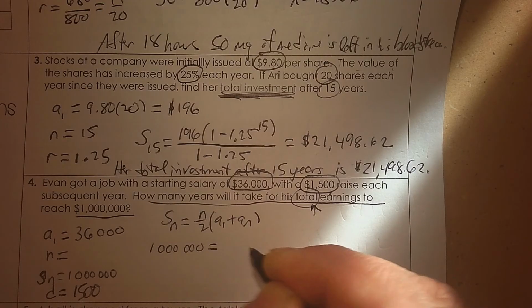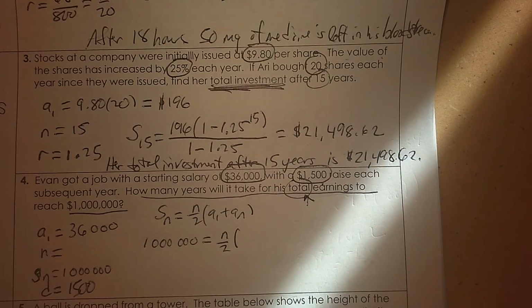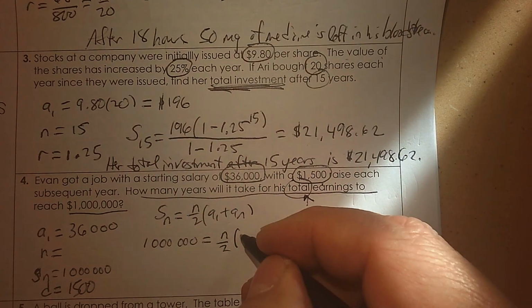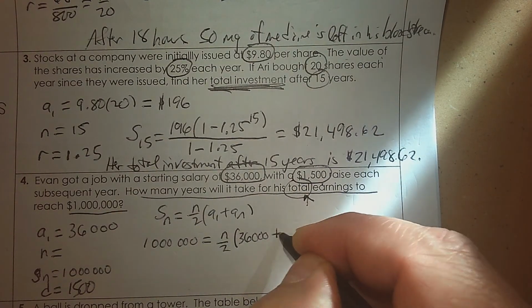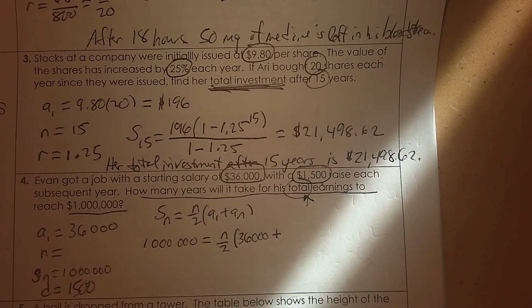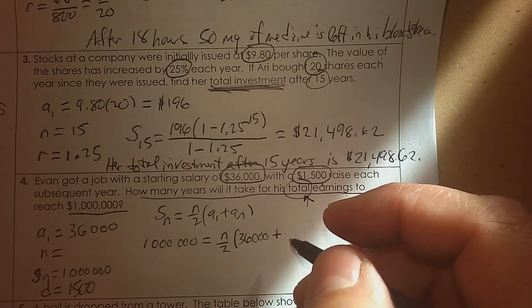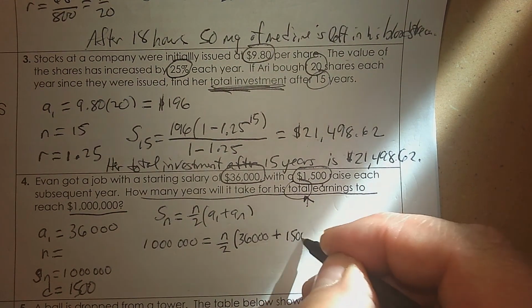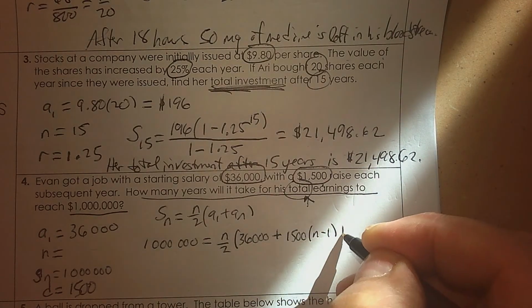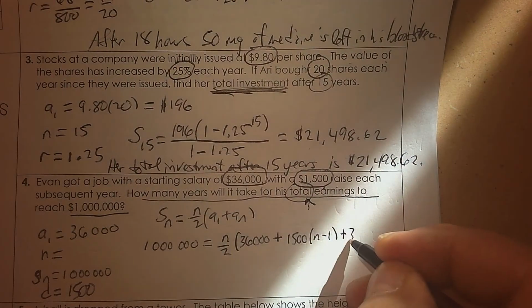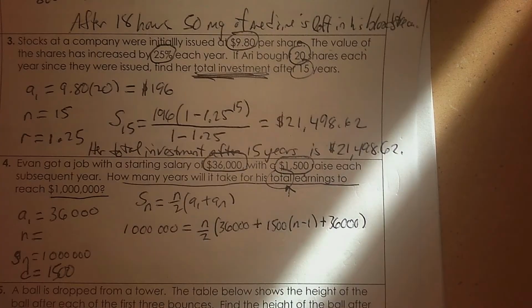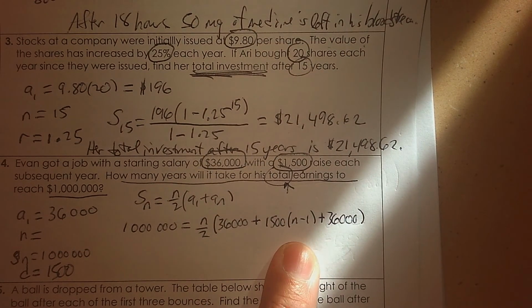I don't know n. a1 is 36,000. An, what's the rule for this one? Write down the rule. The rule would be 1,500(n - 1) + 36,000. So if I just ask you about the arithmetic rule, that's what you'd write down.